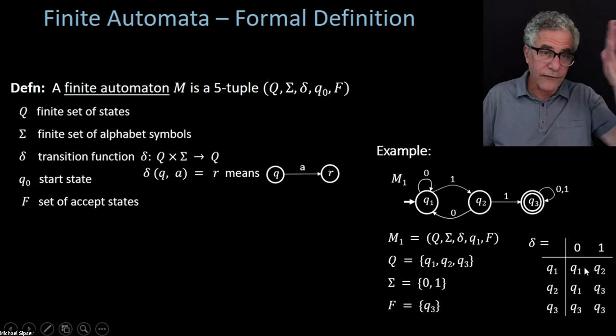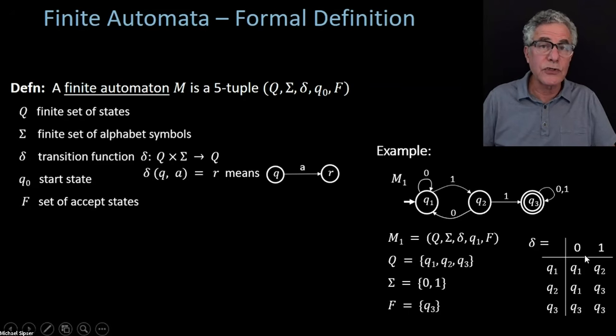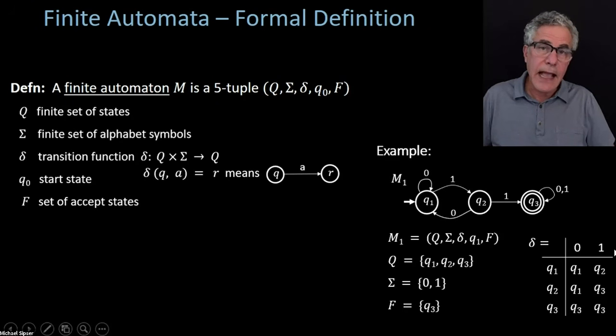Oh, of course, I forgot the transition function, which here I'm describing as a table. So the transition function says, if you have a state and an input symbol, you can look up in the table where you're supposed to go under the transition function according to the state and the alphabet symbol that you're given.